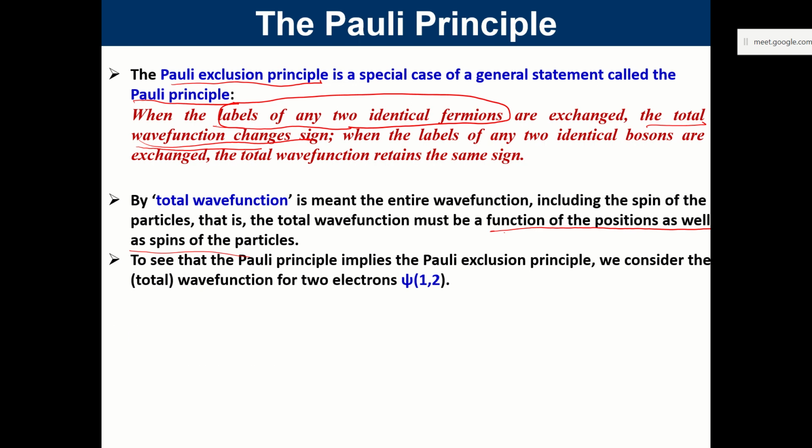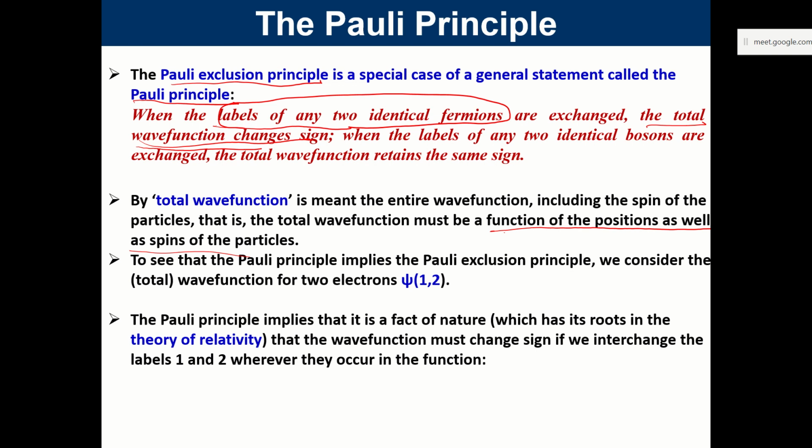We saw that Pauli's exclusion principle originates from the theory of relativity, and it is a very fundamental thing which applies to all fundamental particles: electron, proton, neutron, photons. So any bosons, fermions, all follow this Pauli's principle, right?